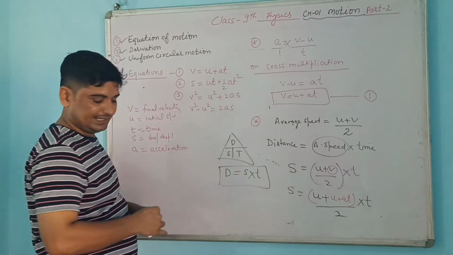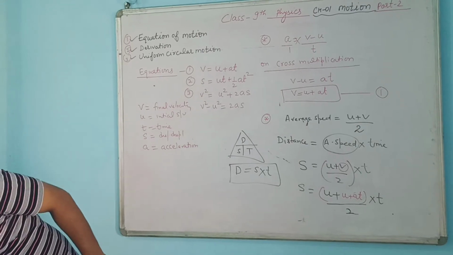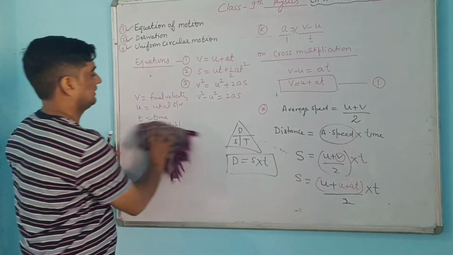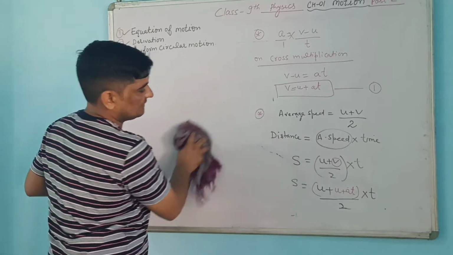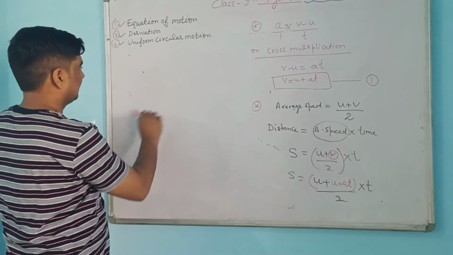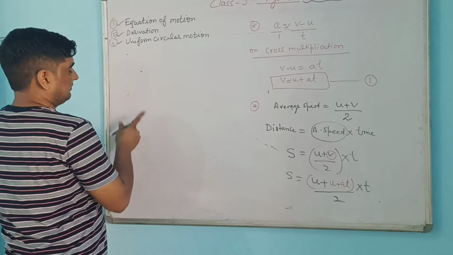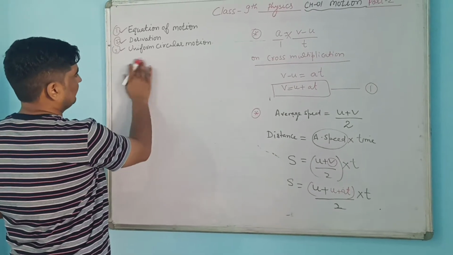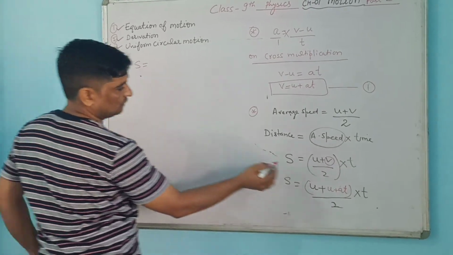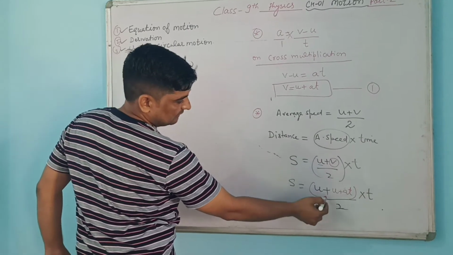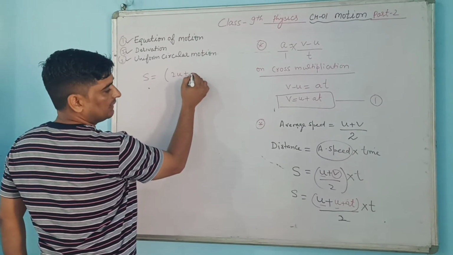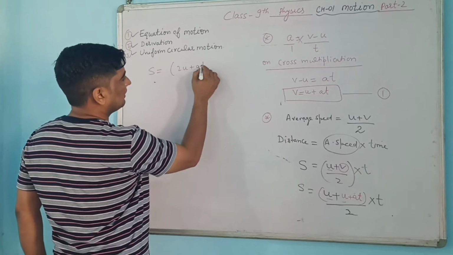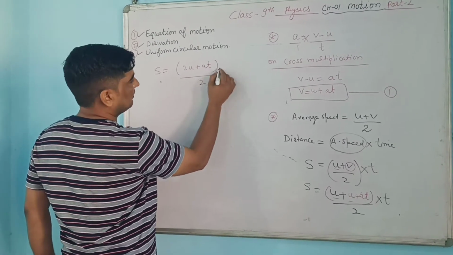Now the next step, its derivation. See how we are going to do it. We have got s is equal to, what is the last step? In the bracket, u plus u is 2u. So we can write 2u plus at, by 2, into t.